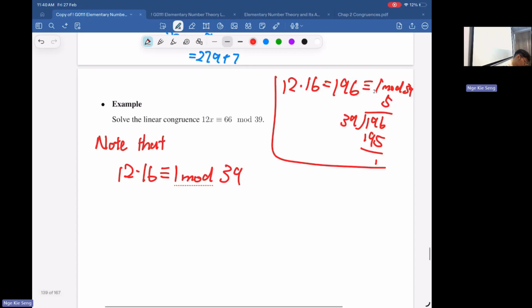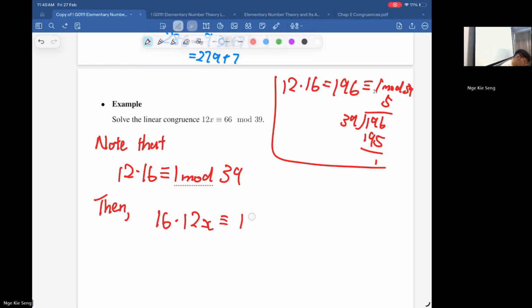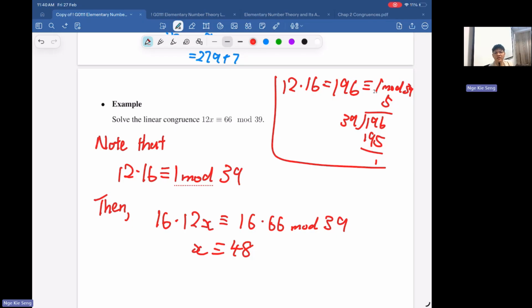Then you just multiply by 16. And then what do you get? You get x equals 408. Wait, let me see. Maybe you can simplify 66? Wait, why did I put 36 here? Am I crazy?